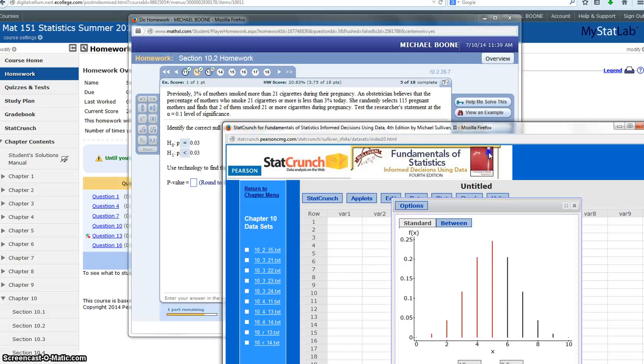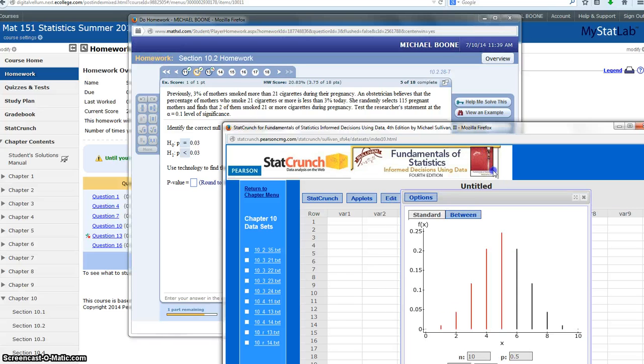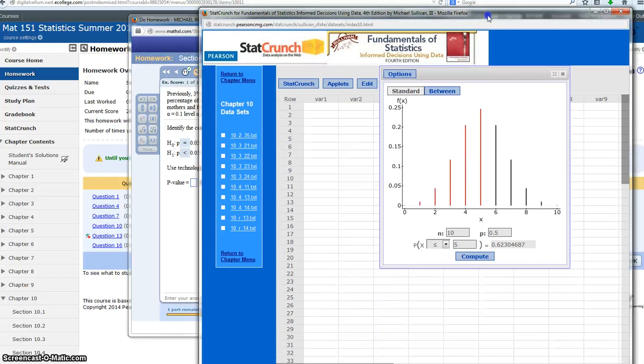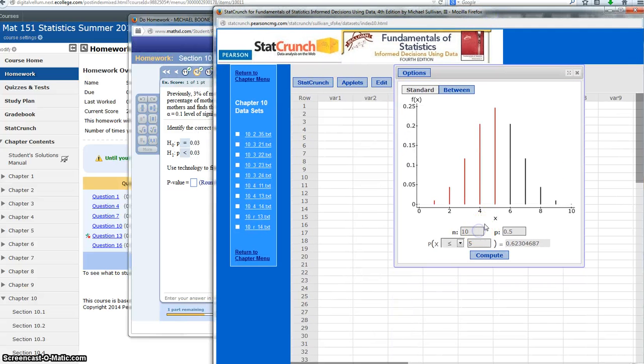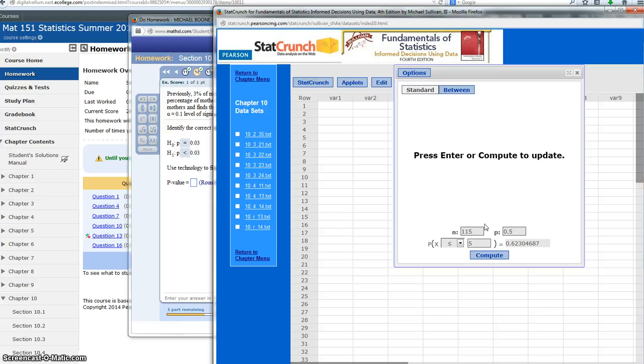And we're going to put in the information they had. There was 115. The believed probability is 0.03. And they wanted to know if it was less than, the same way as our alternative hypothesis, 2.